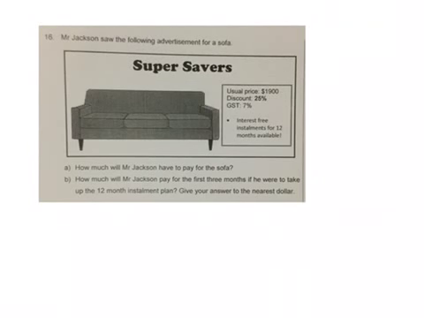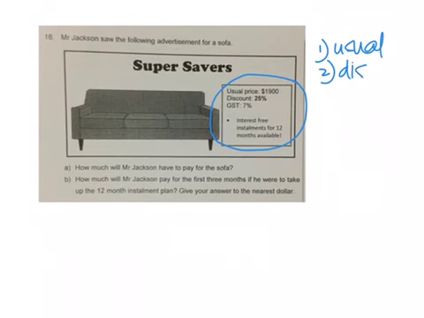We have actually worked on a question similar to this in our math activity book, similar to question 16. If we look at this table over here, we would see the order we are supposed to apply our discount and the GST. So number 1, there is the usual price. Number 2, there is the discount. And number 3, there is GST.